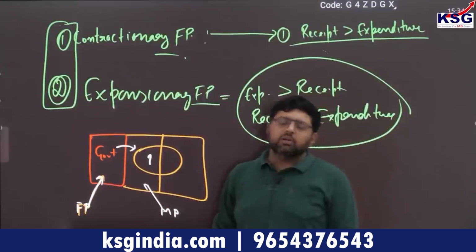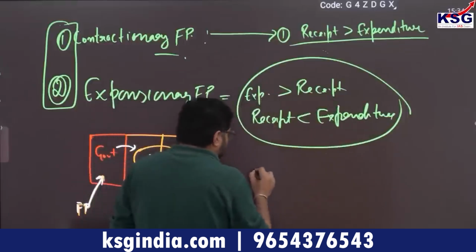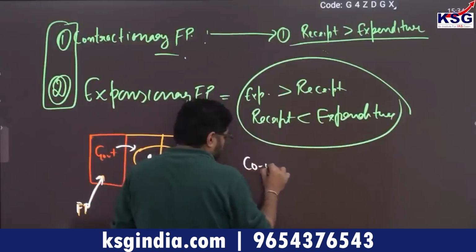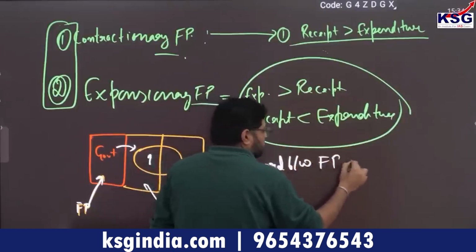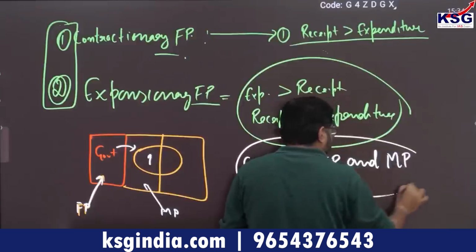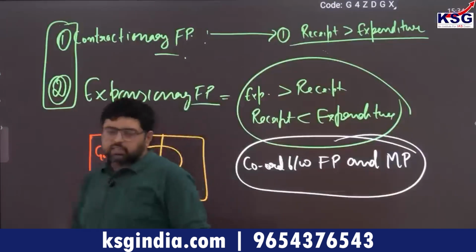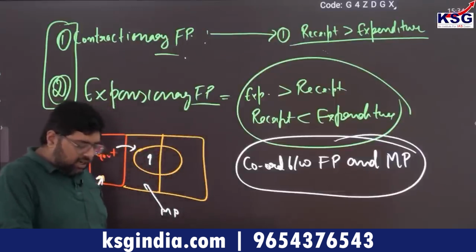Okay, we want coordination of fiscal policy. So ultimately there should be a coordination between fiscal policy and monetary policy. Otherwise there will be a failure of fiscal policy or failure of monetary policy. Clear? So is it clear till here?